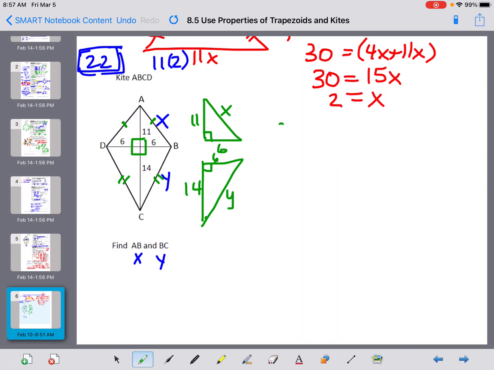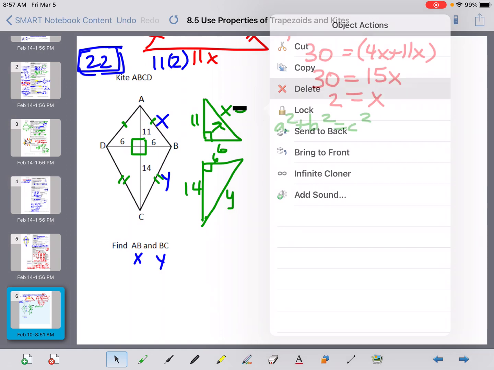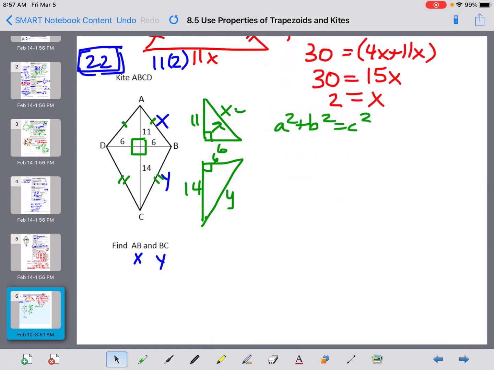So on the top triangle, I'm going to do a squared plus b squared equals c squared. And c is the most important one to put in the right position, and that needs to be my x right there. Don't mind me and my extra symbols that seem to appear every now and then. All right, go back to my pen. That's my c. Okay, put x in there.